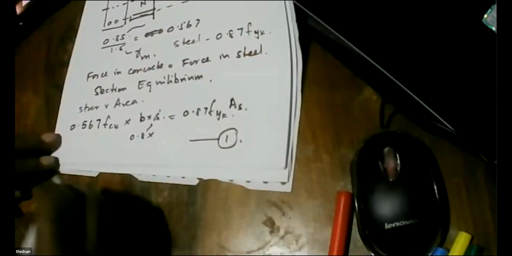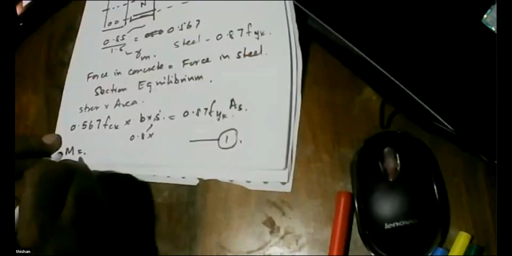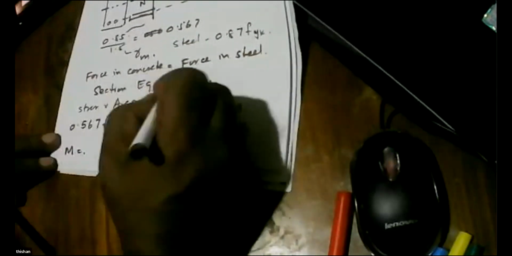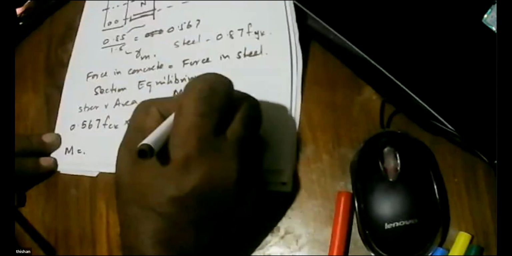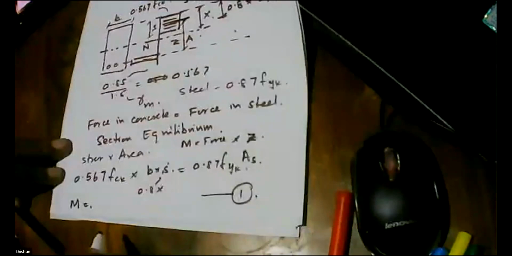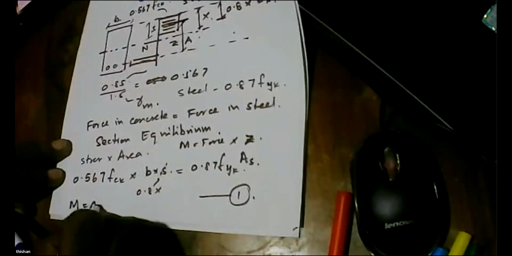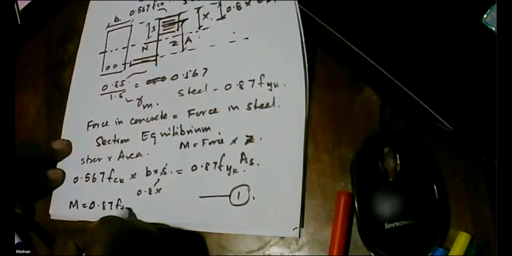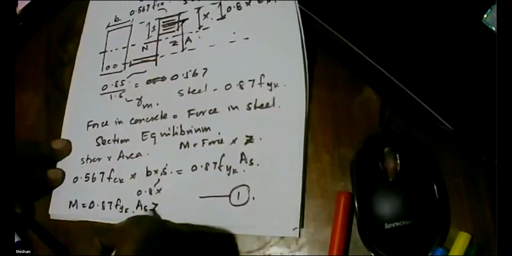Then what is the other equation? Moment M is equal to force multiplied by lever arm. We call it z. The center of this force is here, and from the center of this to this is z. So M is equal to 0.87 fyk As times z.